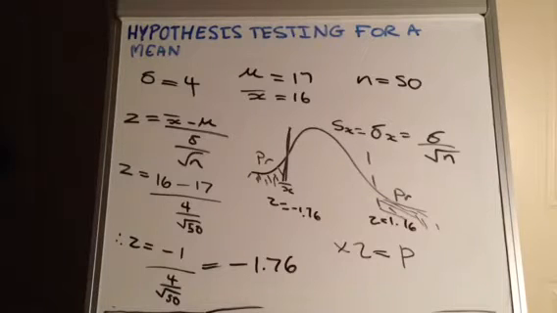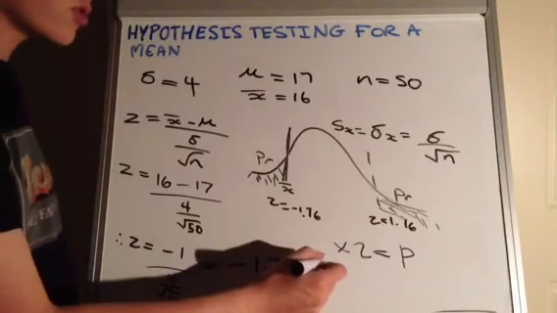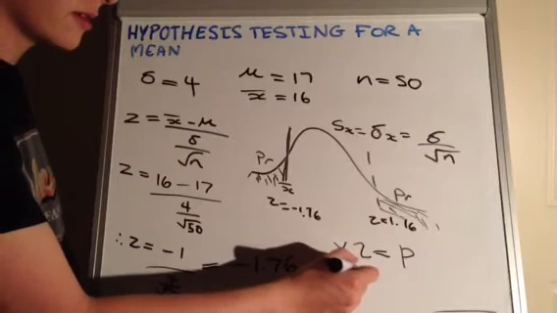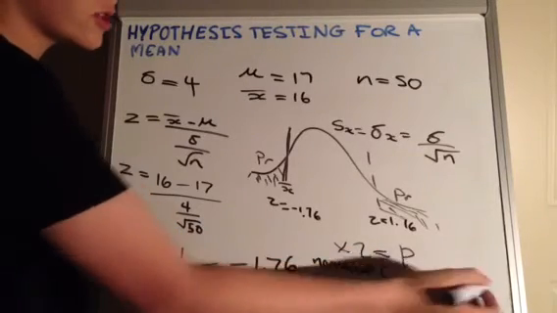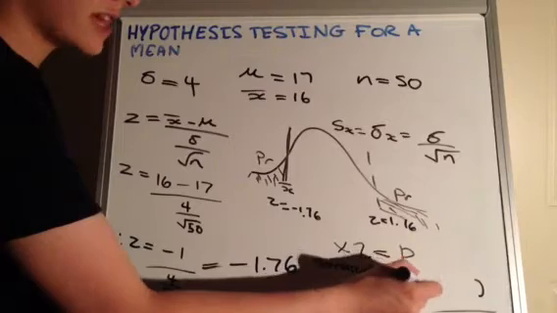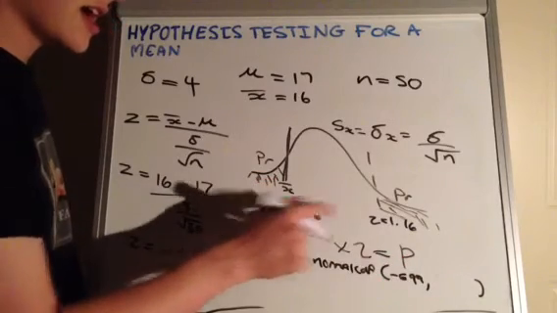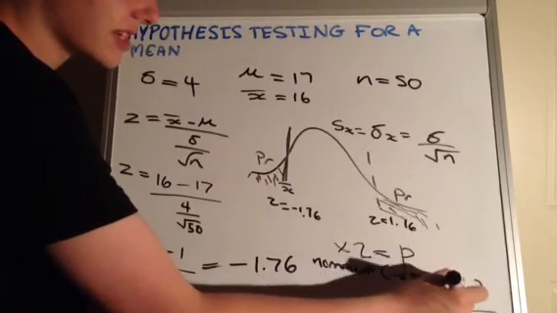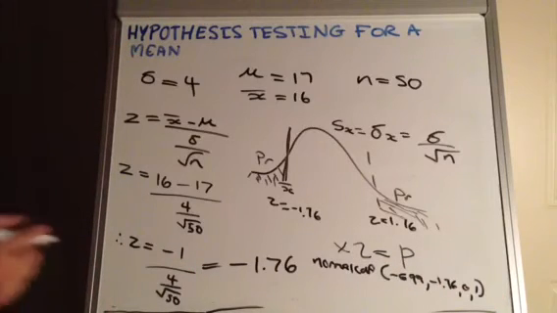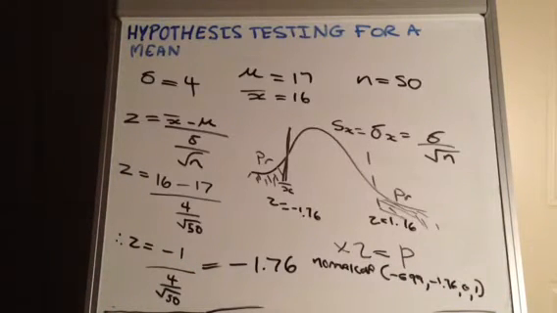So in order to do this, we go onto our calculator and we go to normal CDF. And what we do is we type in our lower limit of negative e to the power of 99 and our upper limit of negative 1.76, and we assume, again, that we standardize the distribution, so we have 0 and 1.